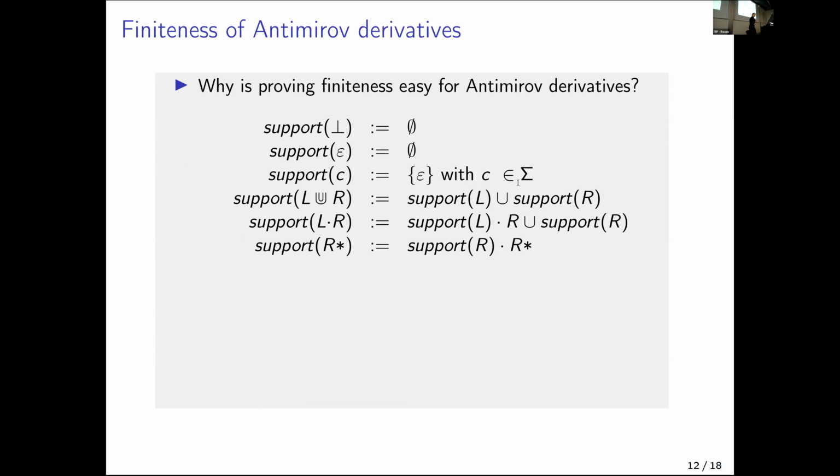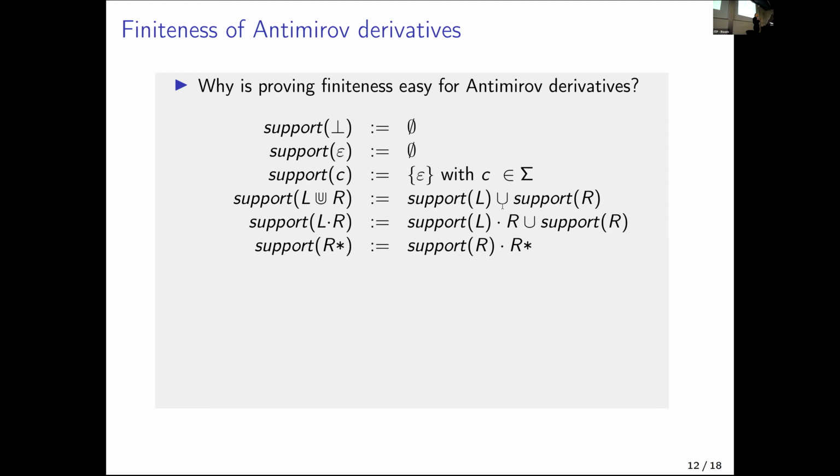Going back to the proof of finiteness for Antimirov, I say that it's straightforward. Why is it so easy? Well, you can define this function called support, which allows us to reason about the set of all iterated derivatives. And the interesting case here is that when we have an expression containing the union, this function essentially splits it into sub-expressions.